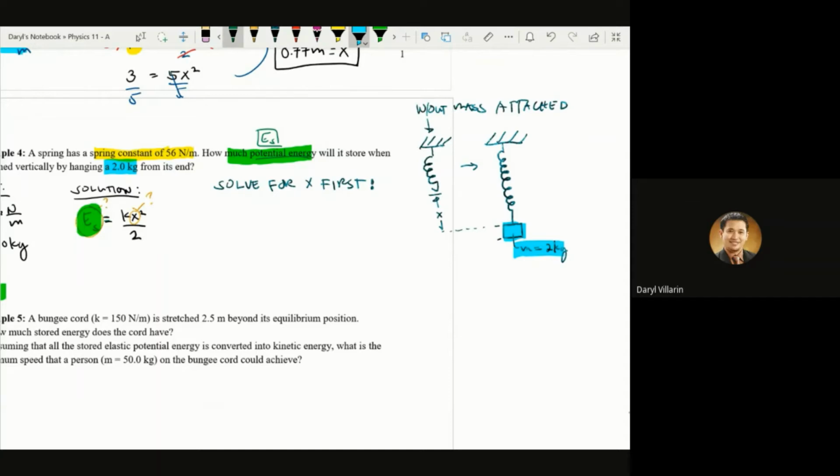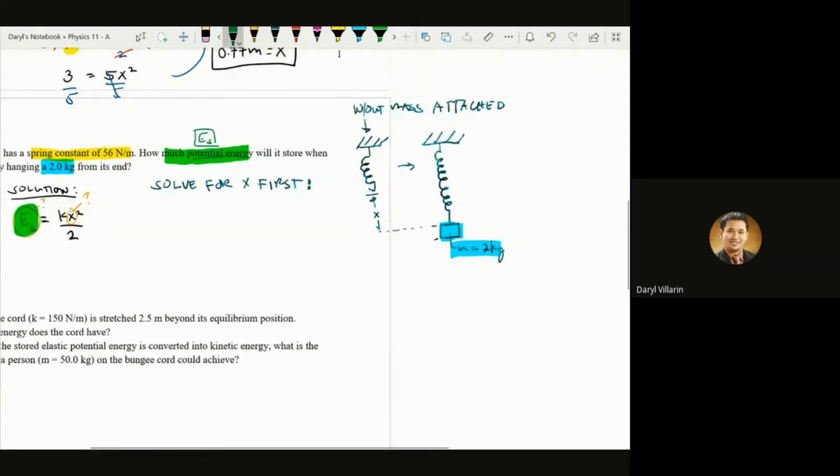If I draw the free body diagram of M, the object attached, remember that this particular object doesn't move.